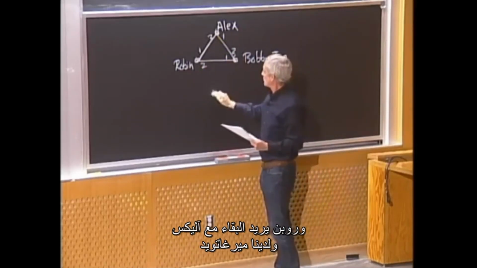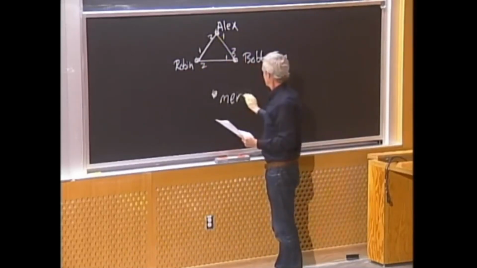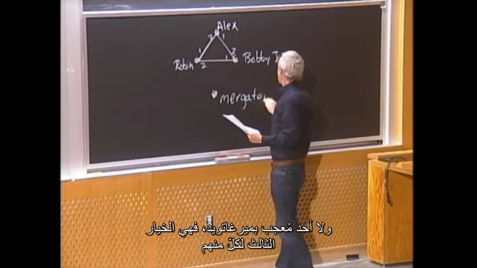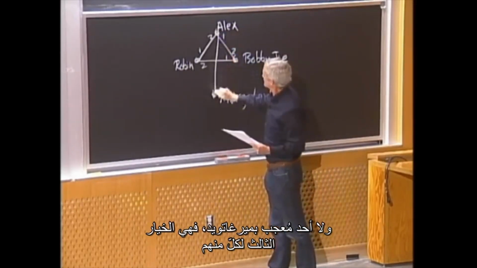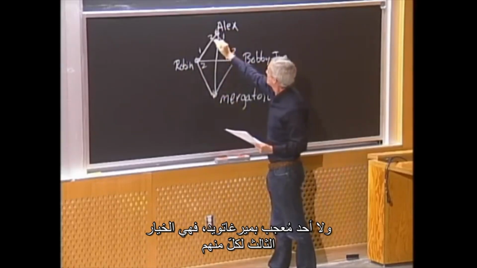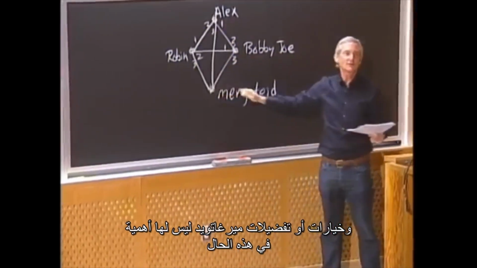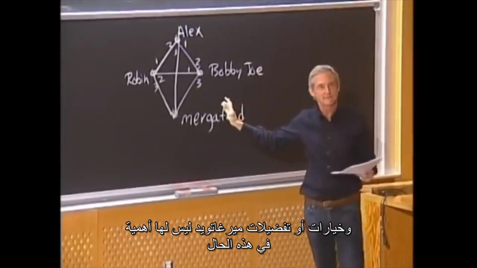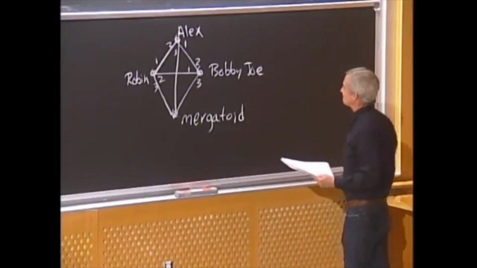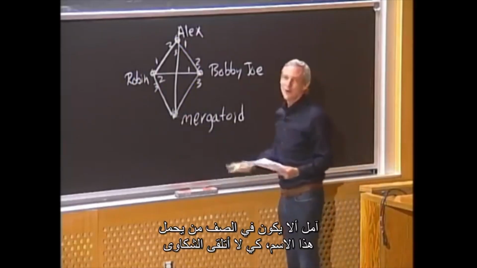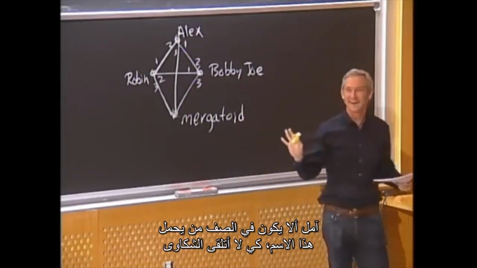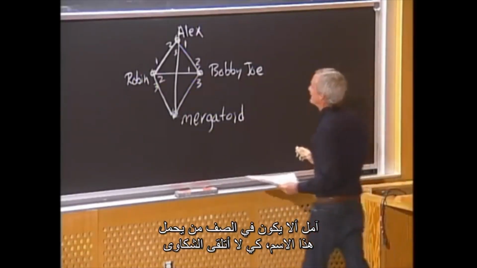And then there's Murgatroyd. Nobody likes Murgatroyd, so that's choice 3 for all of them. Murgatroyd's preferences don't really matter in this case. Hope nobody's named Murgatroyd in the class. I'll get complaints here.